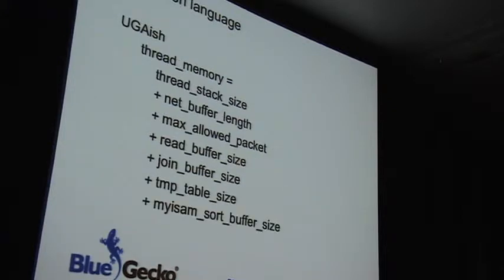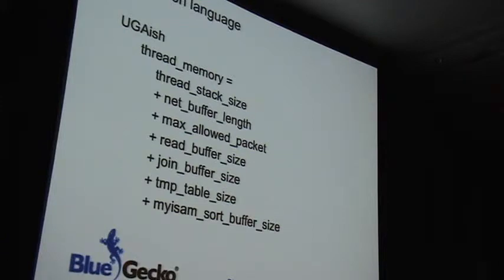So that's kind of the system global area for MySQL. The user global area is more the memory constructs for each thread, and that actually has a whole other set of variables that go into it.